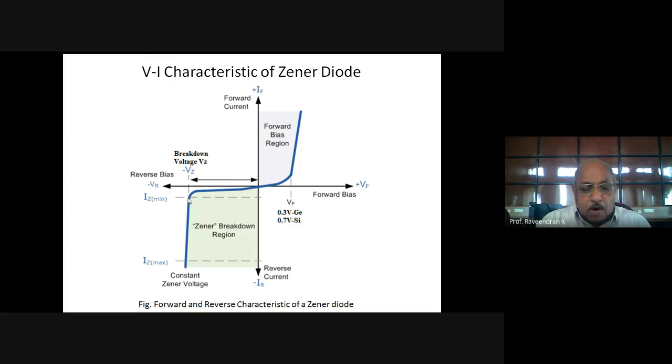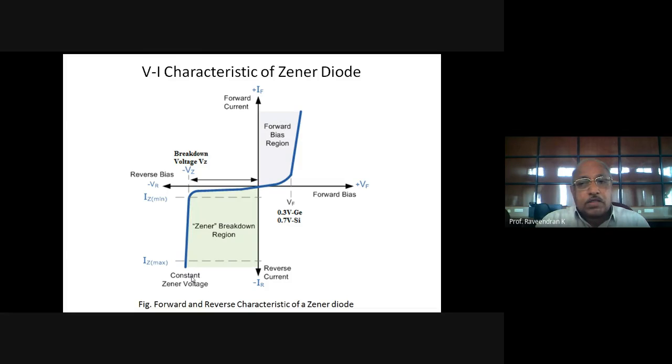But for satisfactory operation of the Zener diode, there will be a minimum value for the breakdown current, or Zener current, and there will be a maximum value for the Zener current. Between these values, if the Zener diode is operated, the Zener breakdown will never cause any permanent damage to the diode. If the current is increased more than this IZ maximum value, a very severe current will cause more and more heat to dissipate at the reverse biased PN junction.